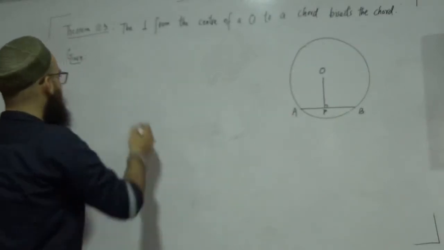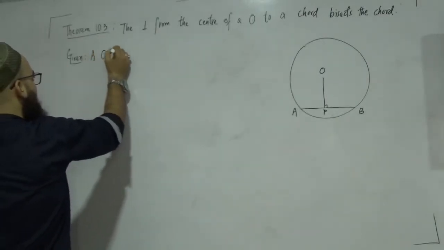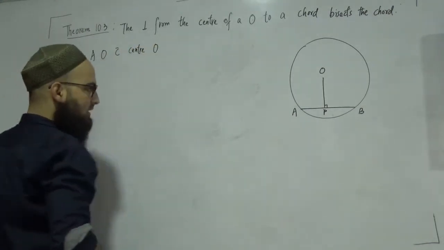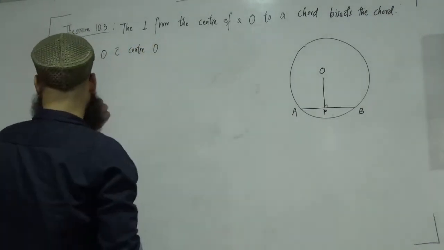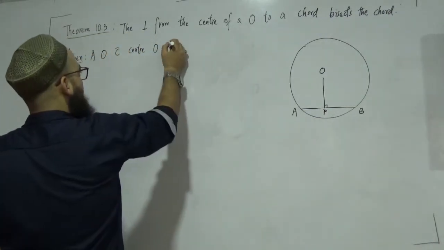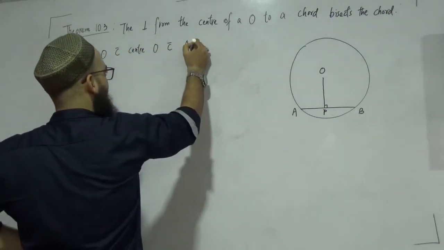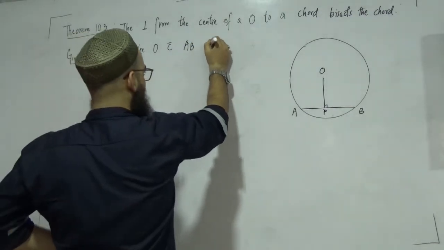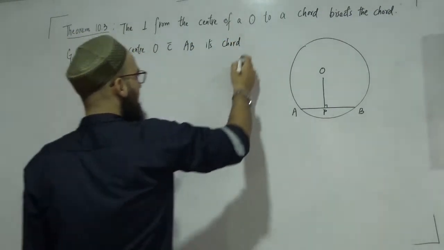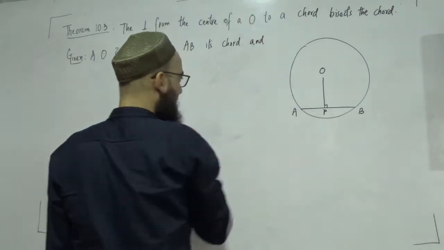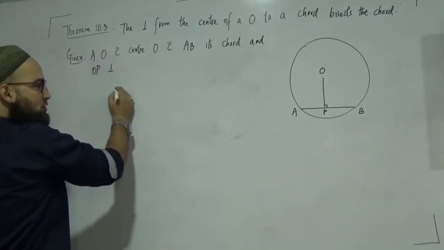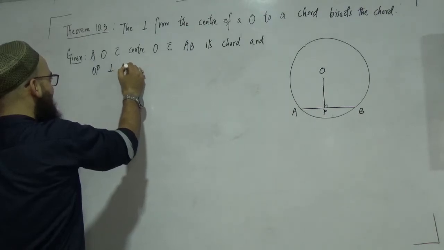What is given? A circle with center O, with AB its chord, and OP is perpendicular to AB.